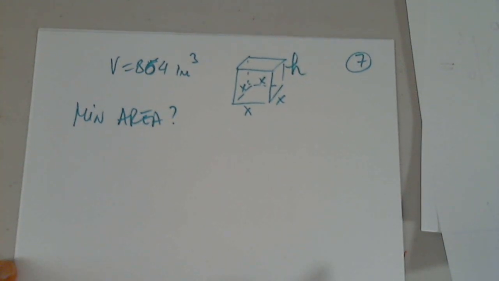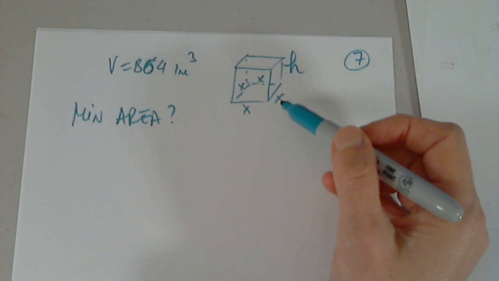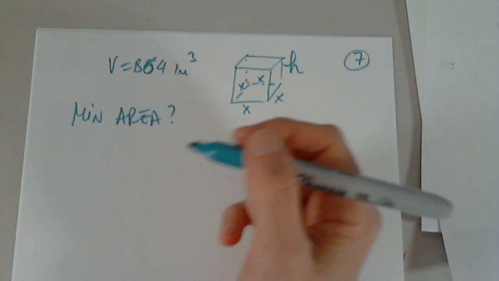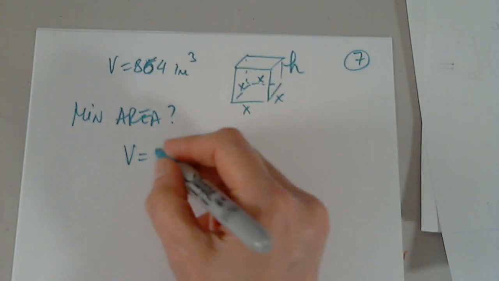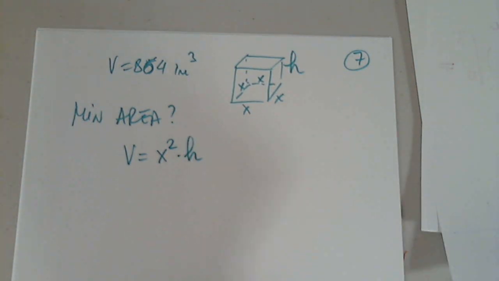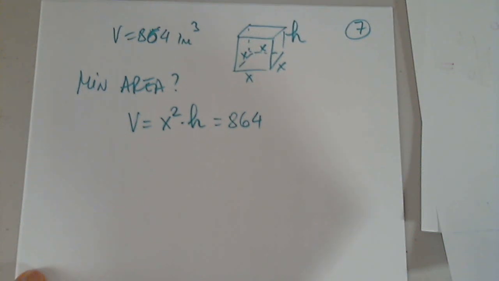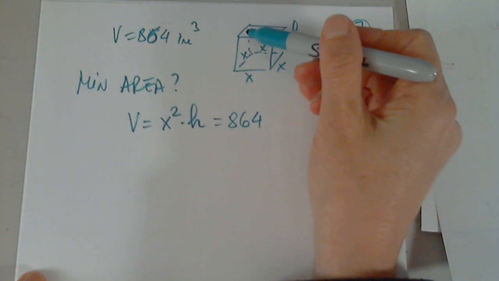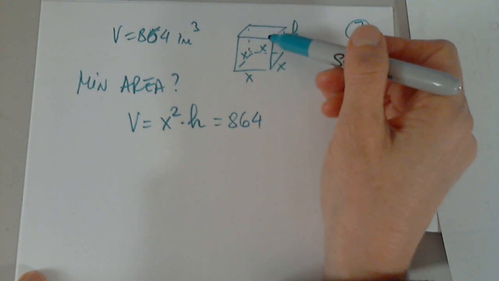Excellent problem. So if the base is a square, the volume of the solid is the area of the base times the height, and we know that this is 864. Now, I think I heard you say that there is an open top. There is no top, right? Yes.